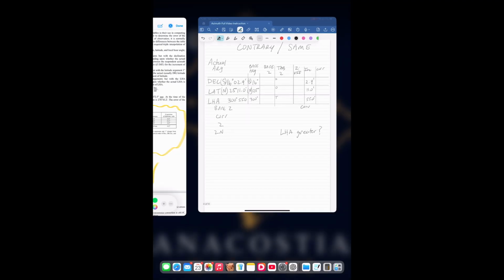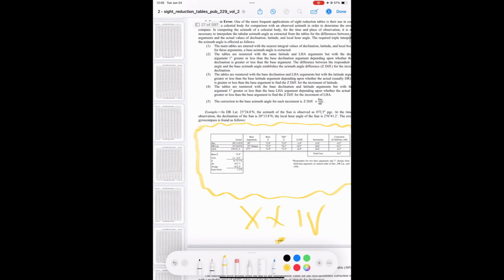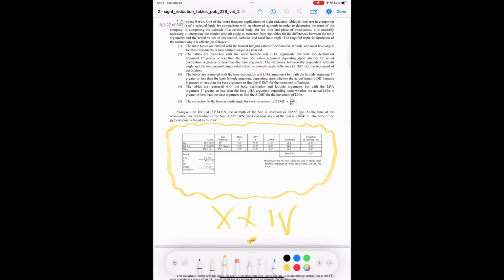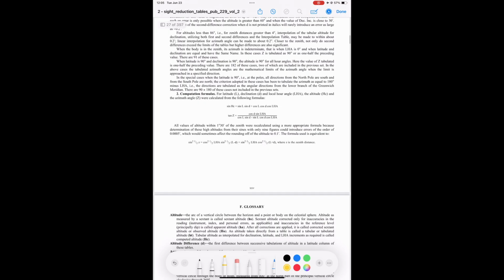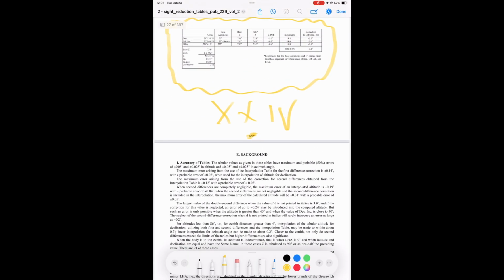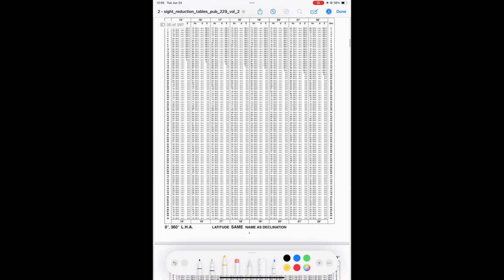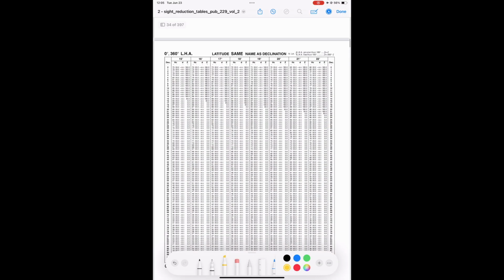Let's go. So we're gonna take our arguments now and scroll down. So our base arguments are 16 degrees declination, 25 degrees latitude, and 300 degrees LHA. So as we scroll down, we're going to notice something right here.